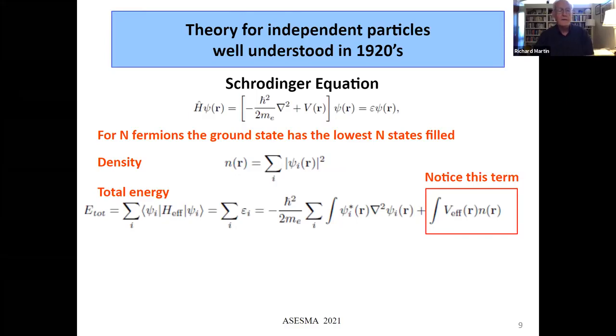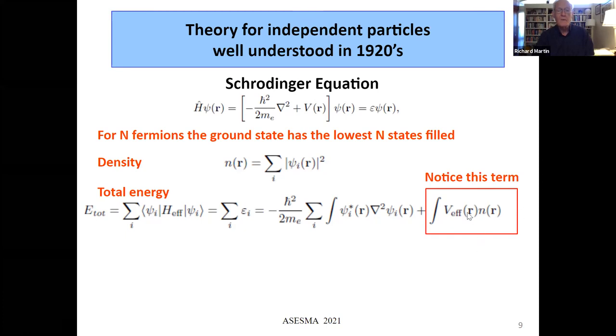The total energy is similarly a sum over the expectation values of the Hamiltonian, which is just the sum of eigenvalues. And it's useful to write it out in the form at the right, which involves the kinetic energy and the interaction of the electrons with the potential. And notice how simple this is.